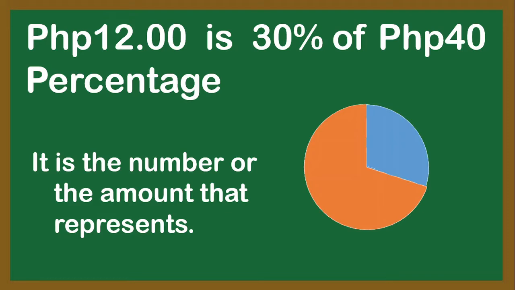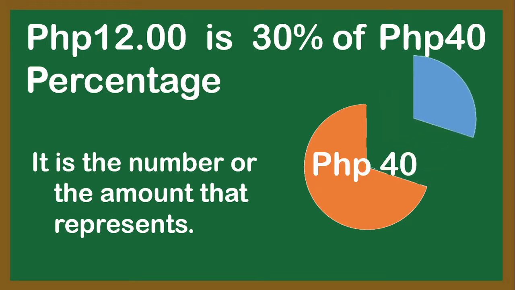If we have here the whole circle that represents the whole number, taking the percentage from the whole number, which is 40 pesos, then we have 12 pesos as the percentage. These 12 pesos represents the 30% of the whole circle or the 40 pesos. And that is your percentage.